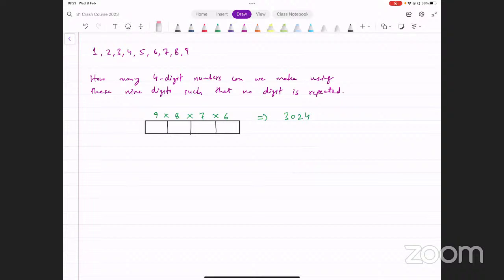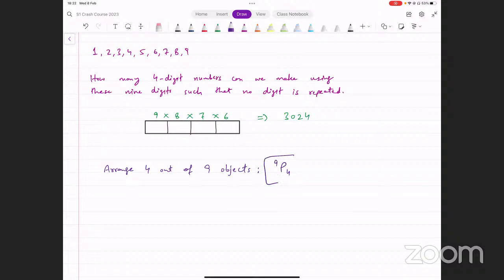So what we're doing here is we have 9 objects and we are arranging some of those 9 objects in these 4 boxes. In permutation notation, that means 9P4. And that stands for something like this: you want to arrange 4 out of 9 objects.